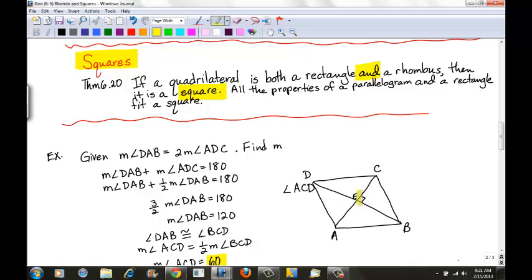If you're given the measure of angle DAB, this whole angle down here, this whole thing is twice the measure of angle ADC. I wrote this wrong. This should say find the measure of angle ACD.